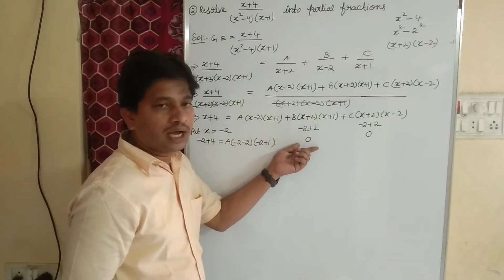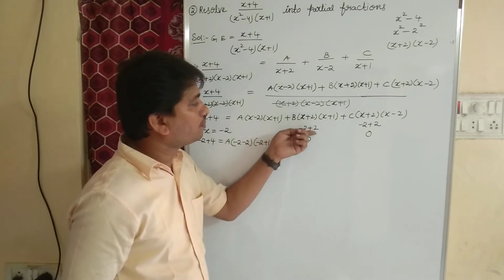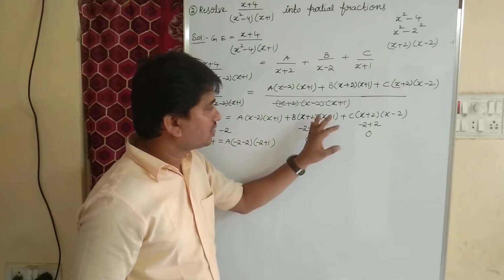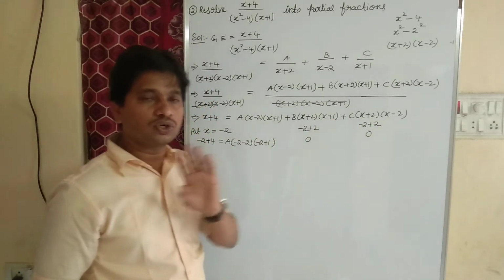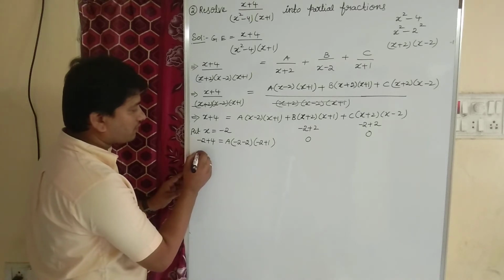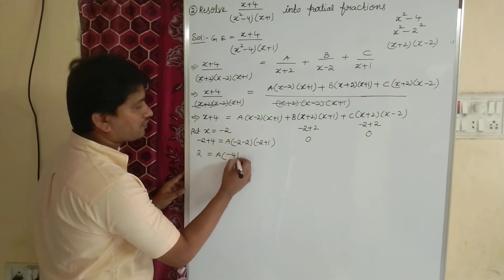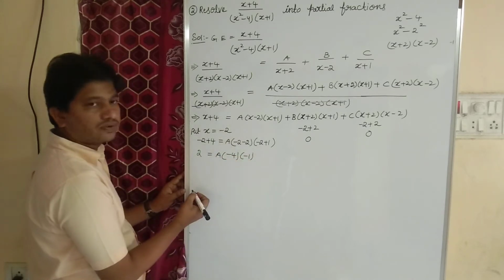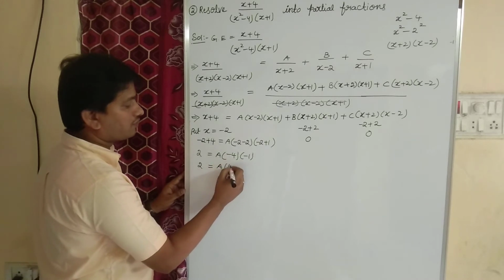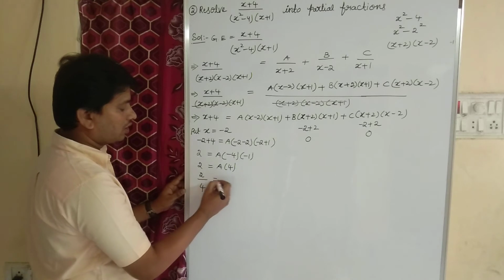Now we don't need this term again, because if you substitute minus 2 in the place of x, minus 2 plus 2 becomes 0. 0 into something is 0. So these terms together are zeros, and you'll get only the a value, right. So minus 2 plus 4, that is 2, equal to a into minus 2 minus 4, minus 2 plus 1 is minus 1. So 2 equal to a into minus times minus, plus 4. So 2 divided by 4 equal to a.